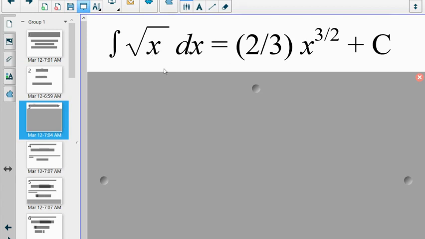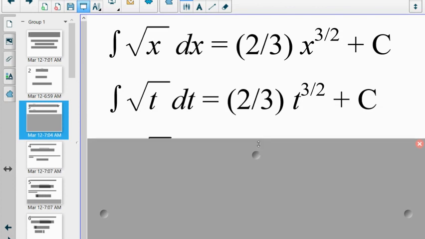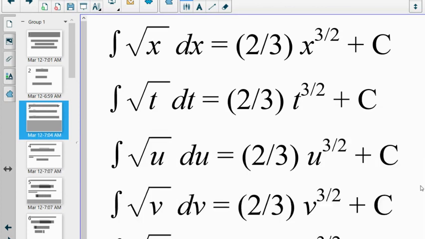If I say the integral of the square root of x dx is 2/3 of x to the 3/2 plus c, well, if I change my variable and say what's the integral of the square root of t dt, it's the same thing. It's all exactly the same stuff. It doesn't really matter what that variable is.